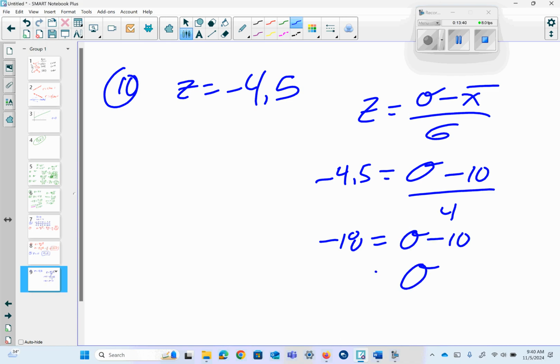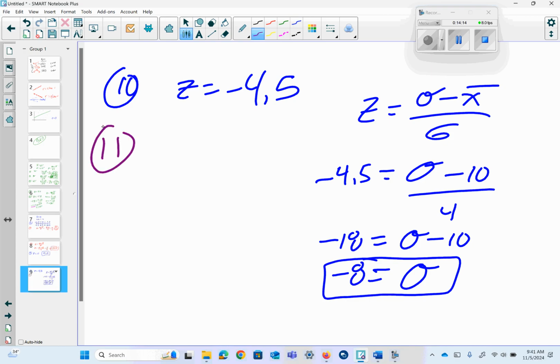Add 10 to both sides. Did I do that math right? Yeah, -8. Ooh. In a year in which the z-score was -4.5, oh my gosh, your investment lost 8%. Yikes. As far as investment standpoints go, you don't want your investments to lose money. Just cheap advice from Stirrup, but I'm here all day.